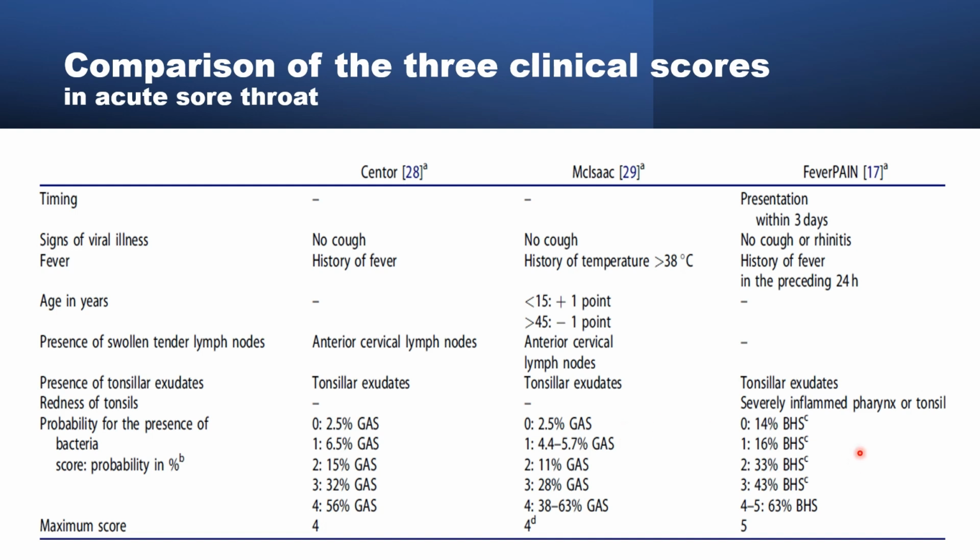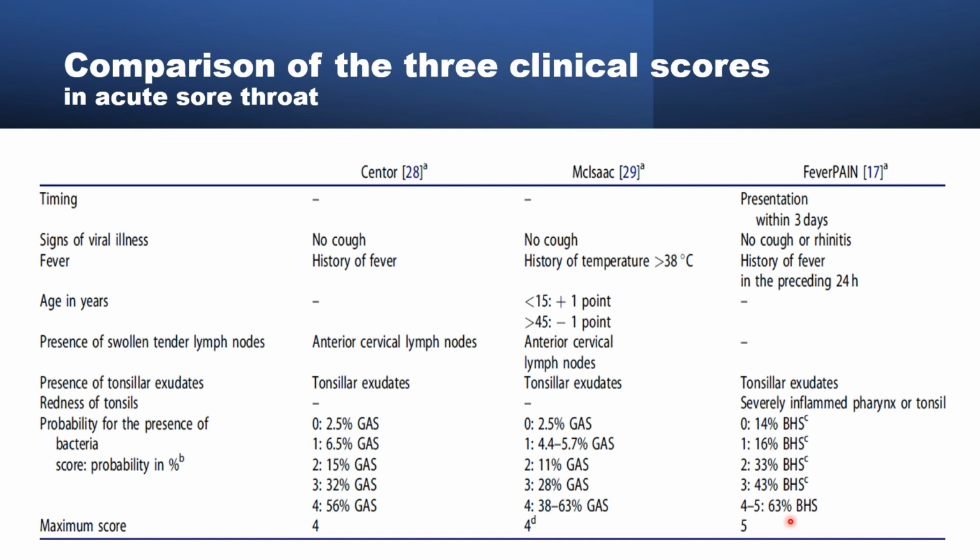Note that the FeverPAIN is actually designed to risk stratify not only group A beta hemolytic strep, but beta hemolytic strep in general, including other groups like group C and group G. Now, the maximum possible score for the three of them would give a probability of between 56% or so and 63%.